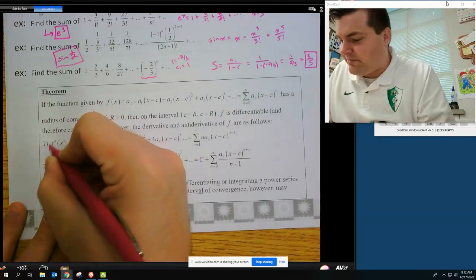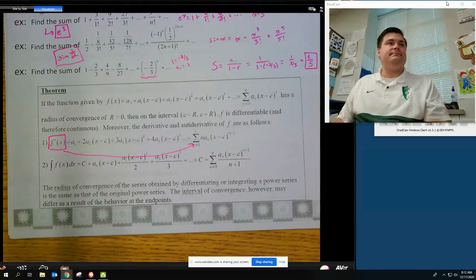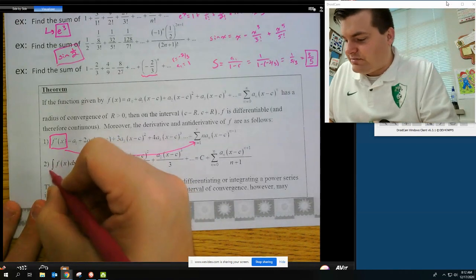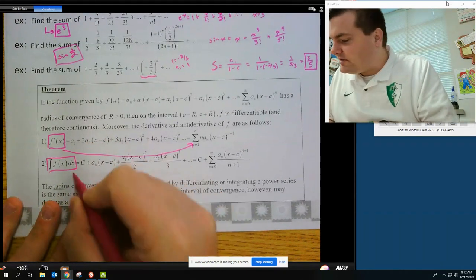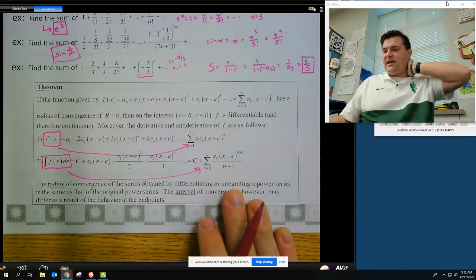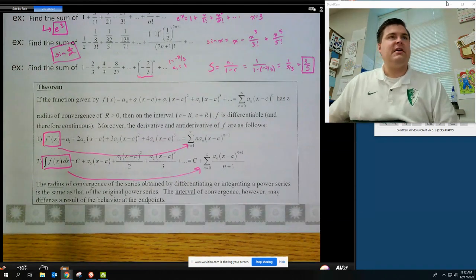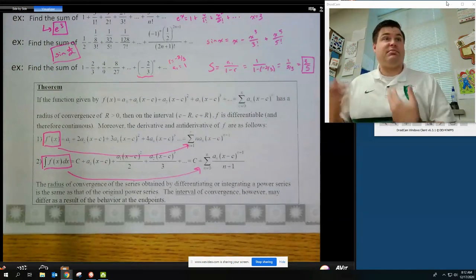So f prime of x is equal to this sum. Okay? And the antiderivative of f of x is equal to this sum right here. Okay, so these are connected. These are different ways to find exact values, and this is just using derivatives.